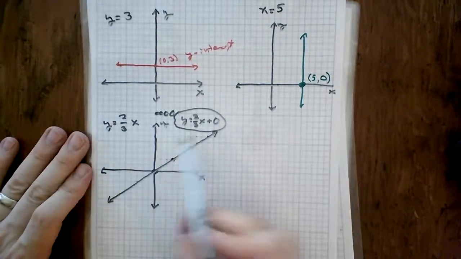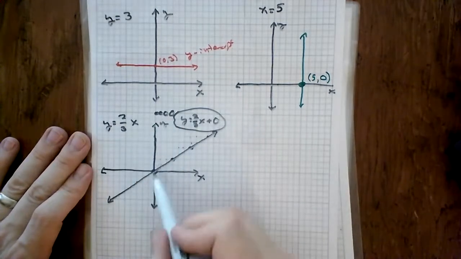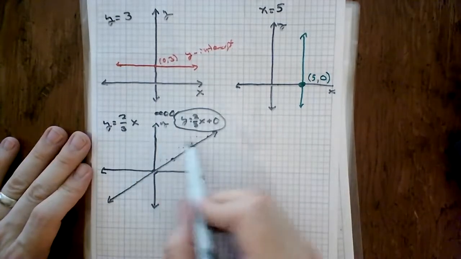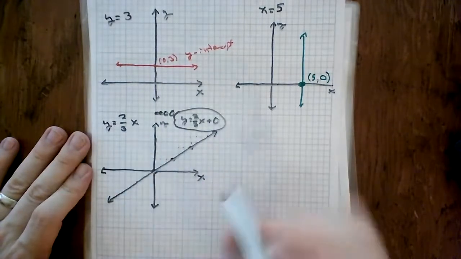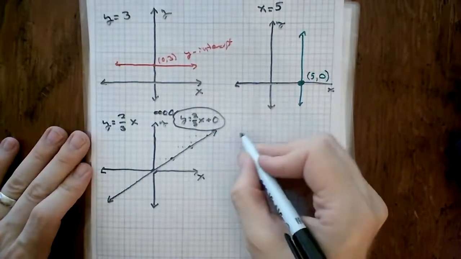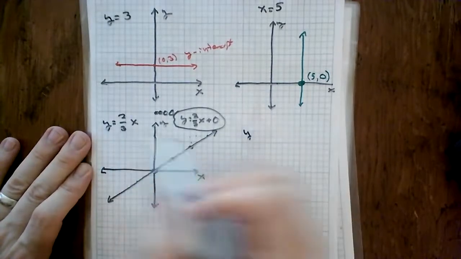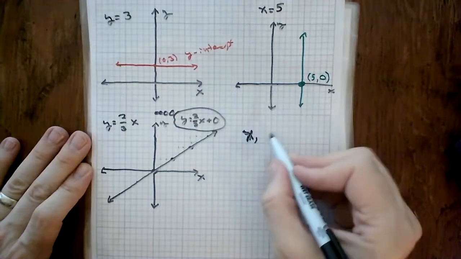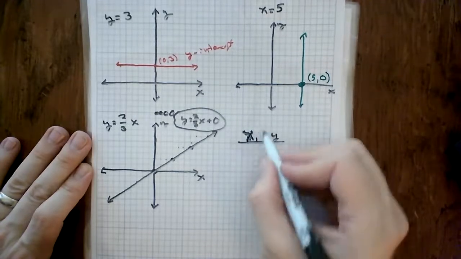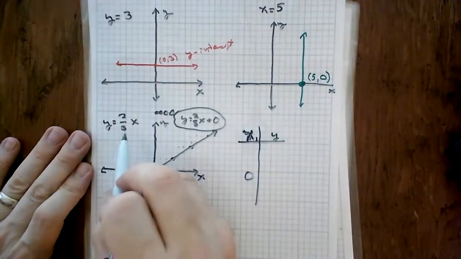Now, if counting out your slope is a little too fast for you, I would suggest making up a table of values. As always, whenever you've got a denominator here, here's my x, here's my y, choose some multiple of your denominator.